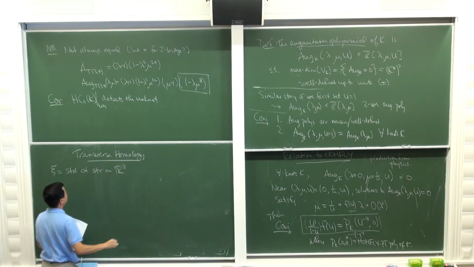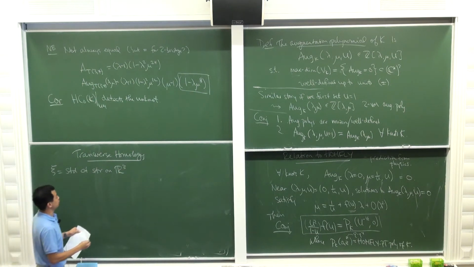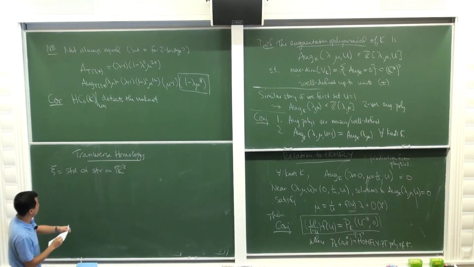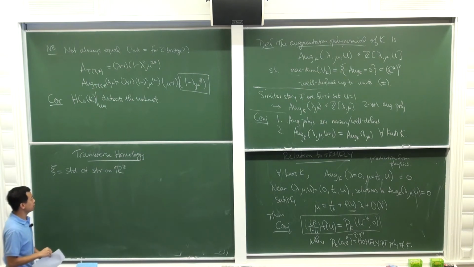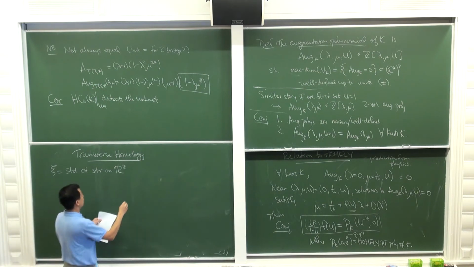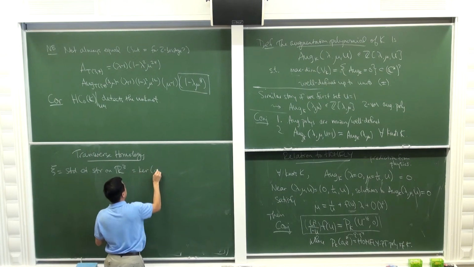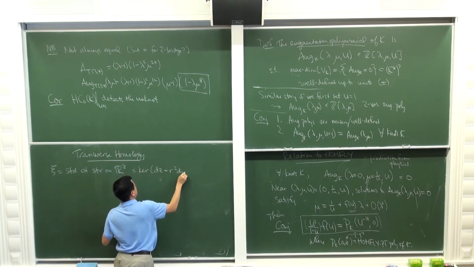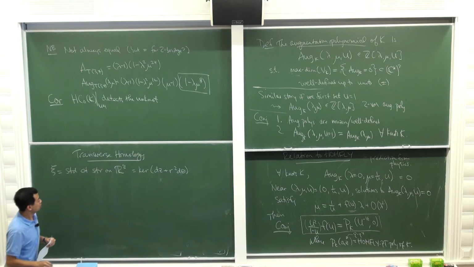So far I've been talking about some sort of contact structure on a 5-dimensional manifold. So now I want to actually start with the contact structure on R3 itself, so the ambient manifold. And this is going to be, did I get this right? This is right.